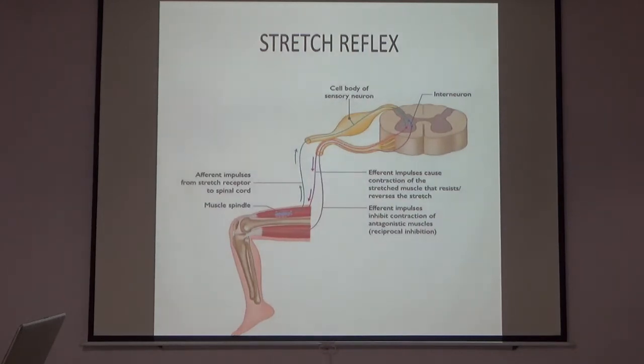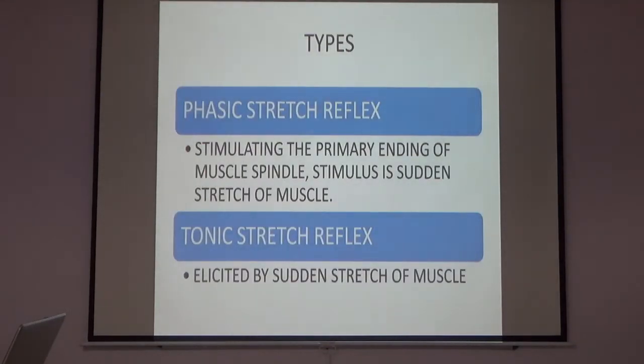It's of two types: phasic stretch reflex and tonic stretch reflex. In the phasic stretch reflex, the stimulus is sudden stretch of a muscle, and the reflex arc consists of a receptor, which is the muscle spindle, about which we have studied in the previous class, and the afferent is the 1A afferent fibers.